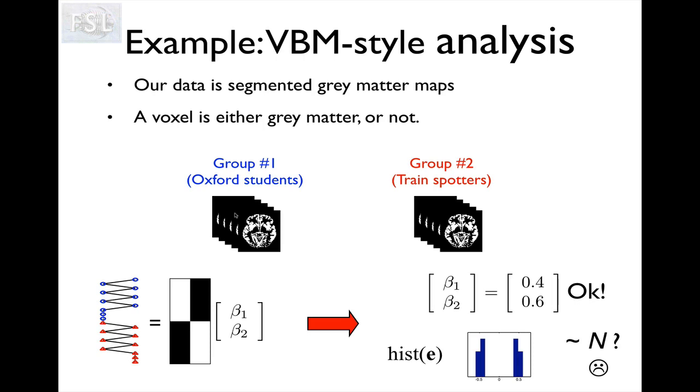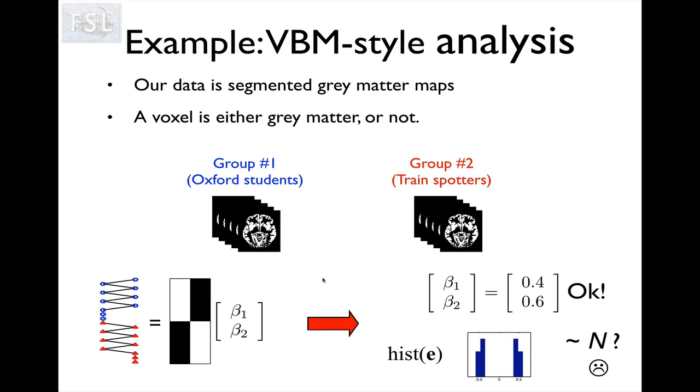So what we have here, we have two groups, students and train spotters, and we calculate the mean of each group, and that's fine. And we find that in this particular voxel we're looking at, 4 out of 10 in group number 1 are grey matter, 6 out of 10 in group number 2 are grey matter.